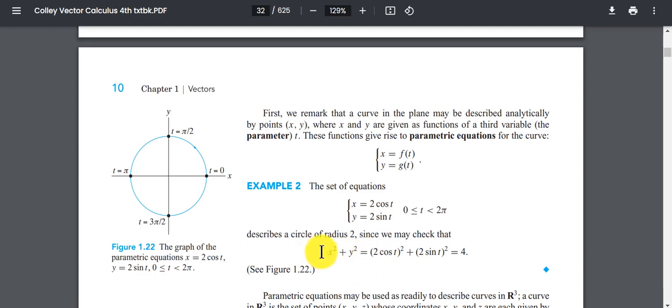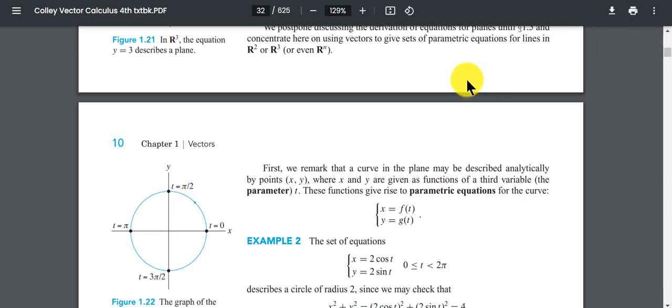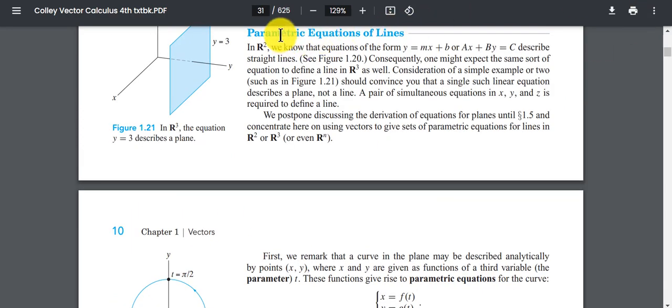So you get x squared plus y squared equals 4 over here, and that will define a circle of radius 2, right? This is the square of the radius, so the radius is actually 2. Okay, so that's just something I wanted to mention about this picture here. Okay, like I said, we want to talk about the parametric equations of lines.